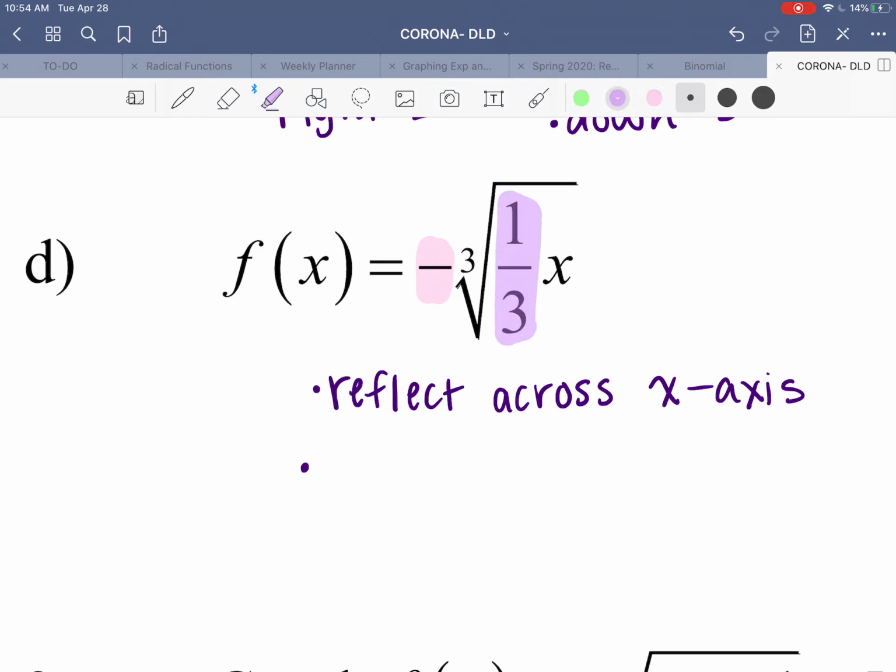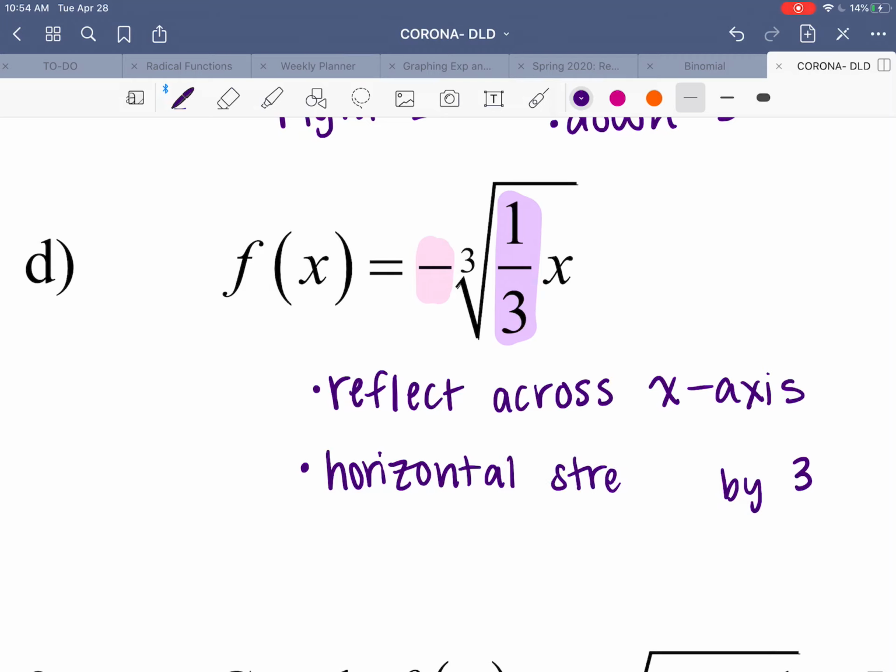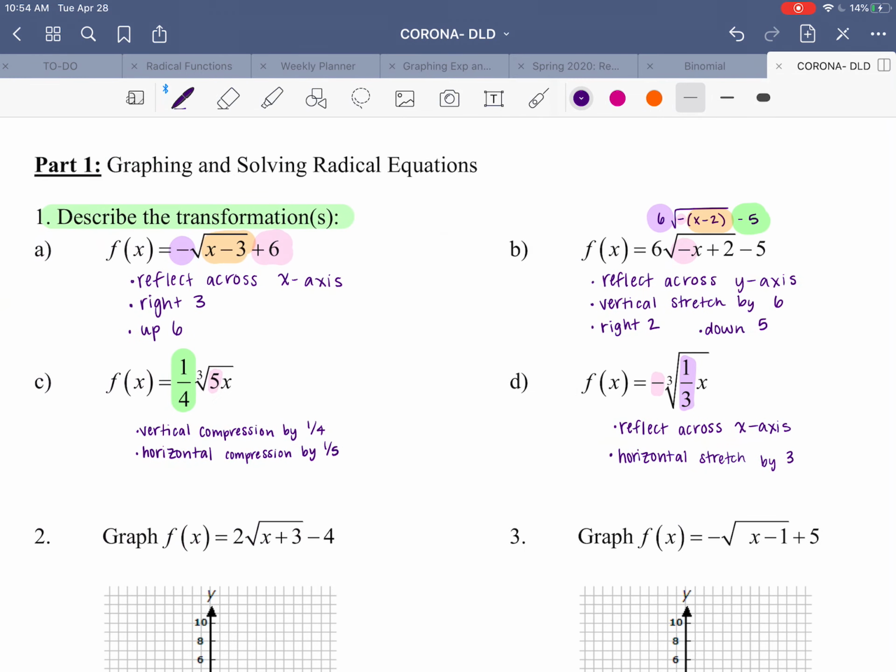So remember, x's lie. So we're going to flip this, so it's going to be a horizontal. And then we know we're flipping it, so it's going to be 3, and 3 means that we're going to be stretching. Okay, so those are your transformations.